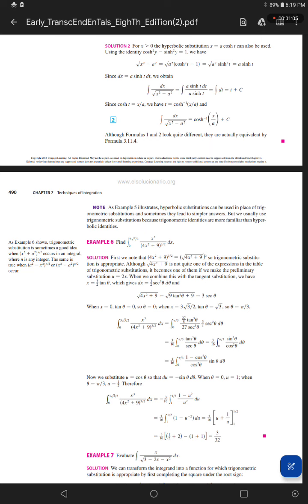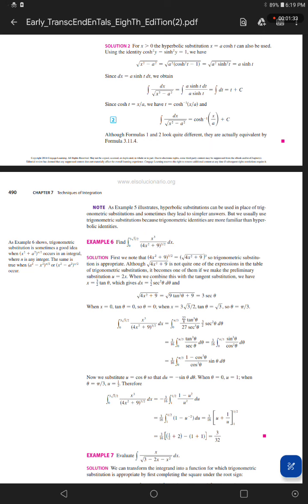So trigonometric substitution is appropriate. Although the square root of 4x squared plus 9 is not quite one of the expressions in the table of trigonometric substitutions, it becomes one of them if we make the preliminary substitution u equals 2x.